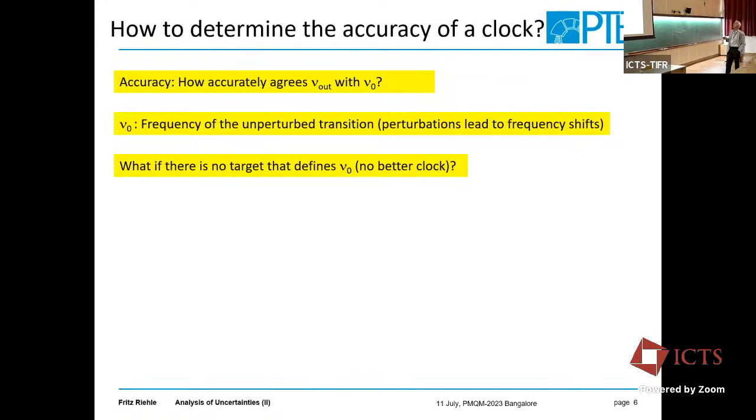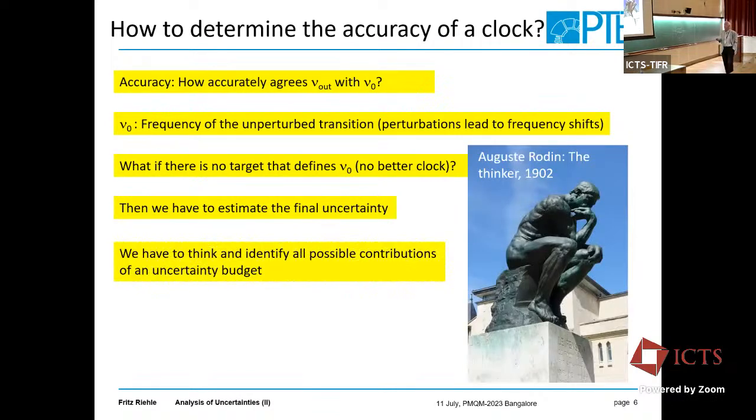But if you strive for the ultimate accuracy of a clock, you do not have a better clock to compare with. So what you have to do is to estimate the final uncertainty.